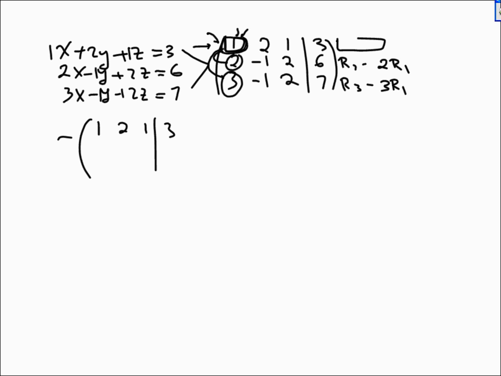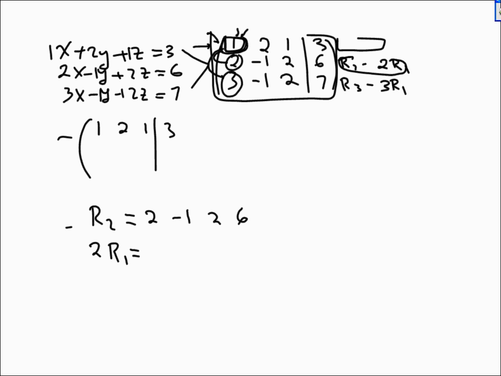For row 2, I'm going to take away 2 row 1s. Well, if you write something here, it corresponds to this matrix. Row 2 is 2, negative 1, 2, 6, and twice row 1 is 2, 4, 2, 6.